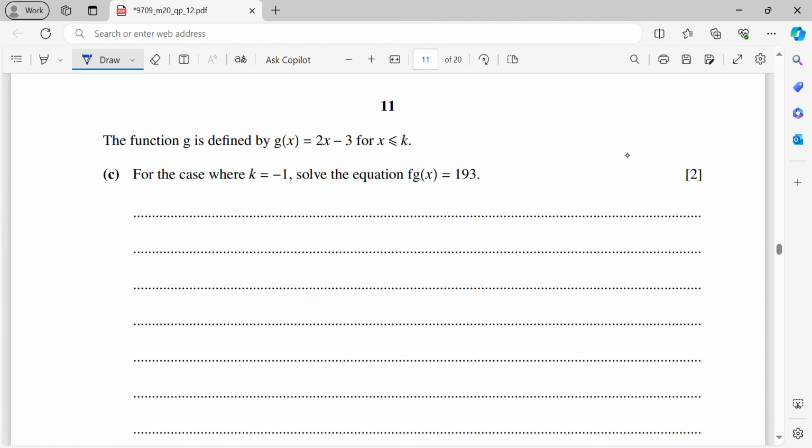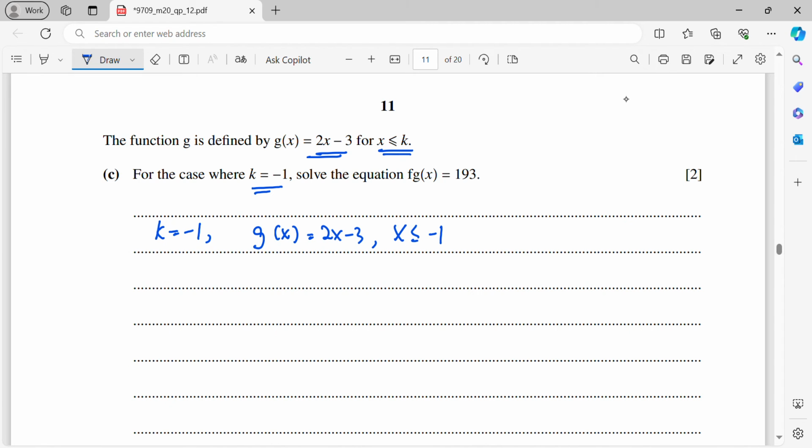Now the function g is defined by g(x) = 2x − 3, where x is less than or equal to k. For k equals −1, solve the equation fg(x) = 193. So now, when k equals −1, my g(x) is basically 2x − 3, where x is less than or equal to −1.